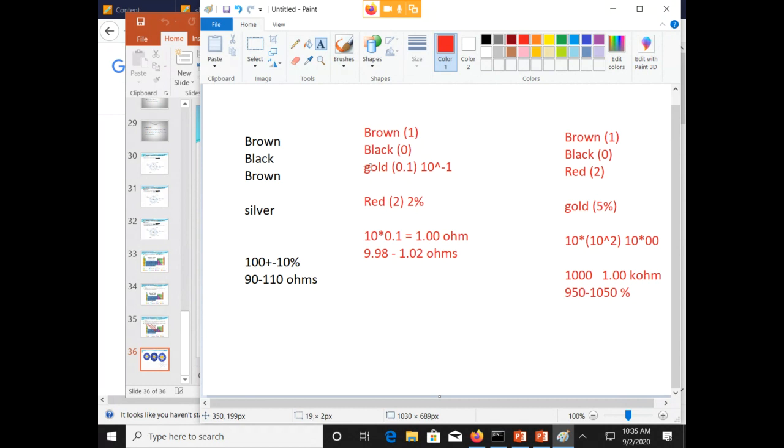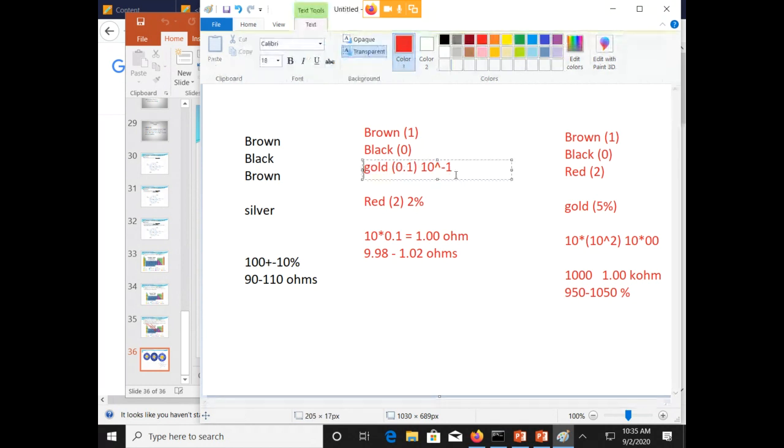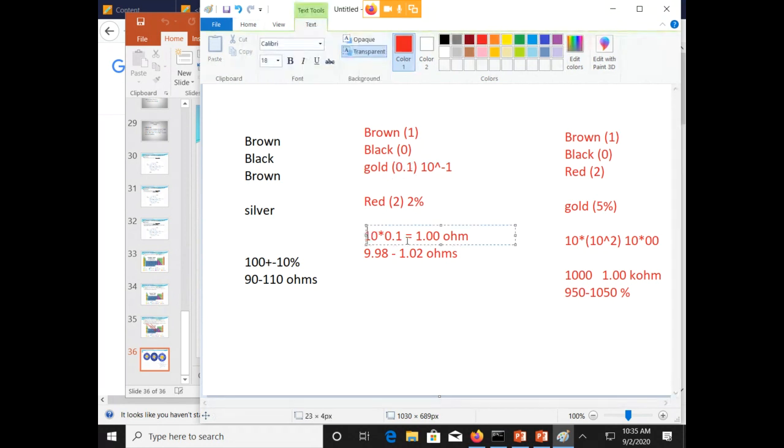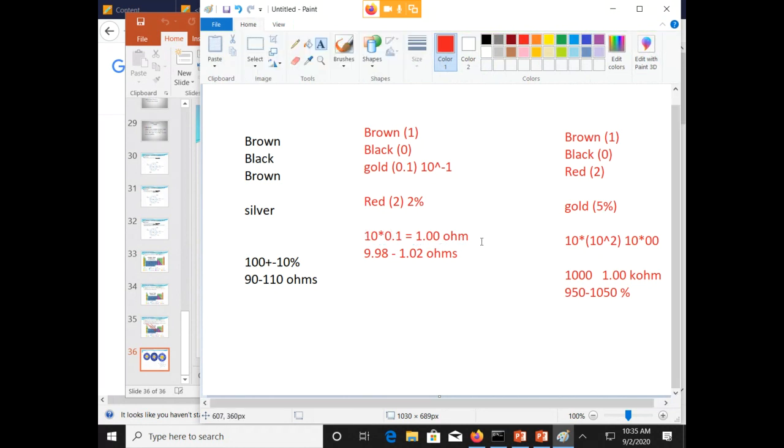But if gold is the multiplier band, then you're actually doing a fraction of that. You're actually dividing by 10. So you had 1 0, which was 10, and we multiply times 0.1, which gives us 1.0. And then the tolerance of that was red.